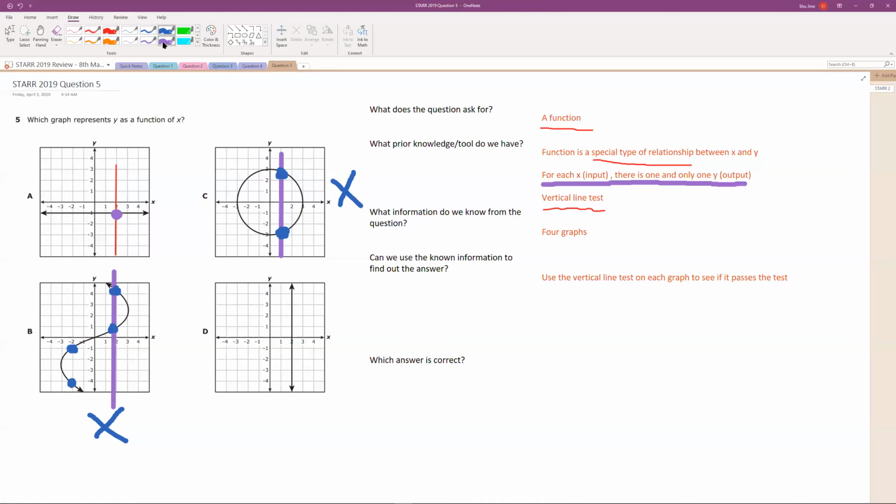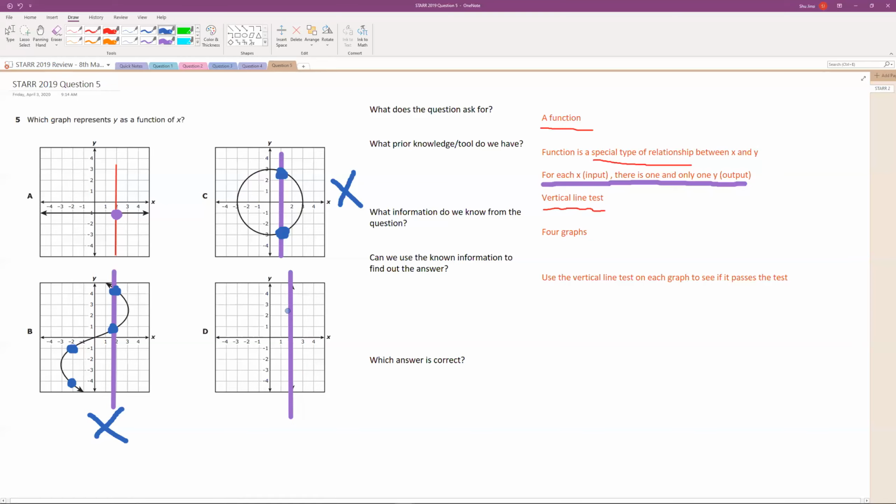Now let's try the last graph. It is a vertical line itself. If we draw a vertical line, we can see these two are overlapped. So in this case, is it a function or not?